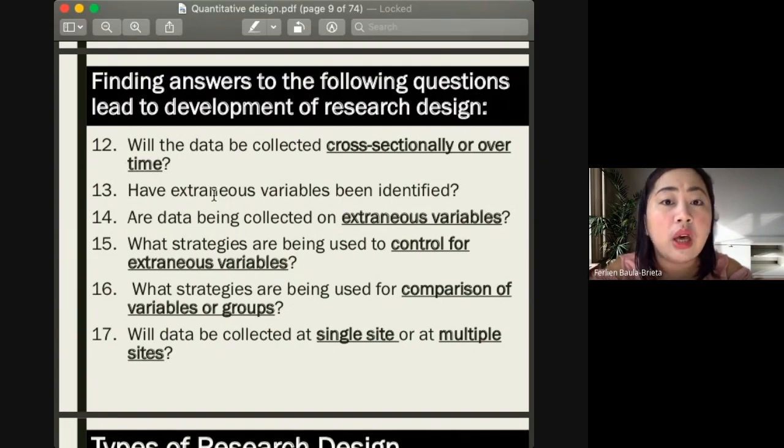The next one is, have extraneous variables been identified? If yes, are data being collected on extraneous variables? And then what strategies are being used to control for extraneous variables? What strategies are being used for comparison of variables or groups? And will data be collected at a single site or single location?